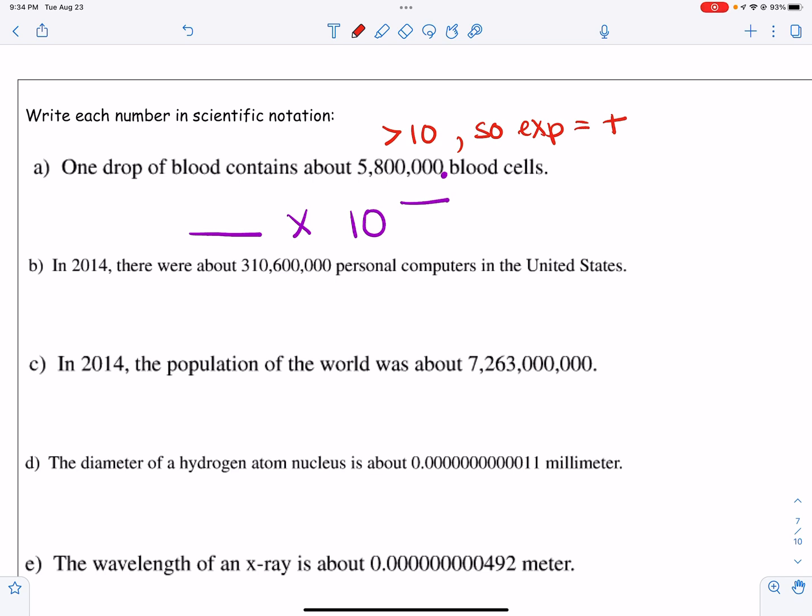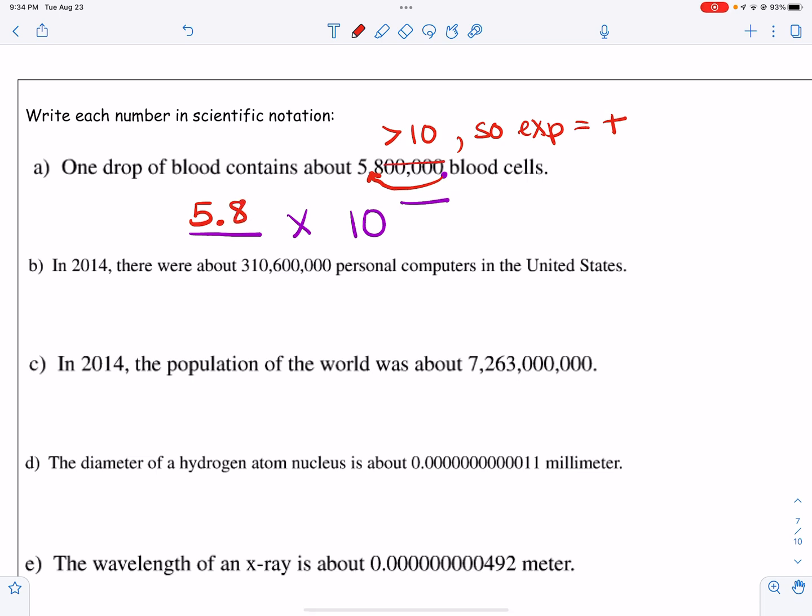Now, I need to move that decimal point so that I have one number in front of the decimal point, okay? So I'm going to move that decimal point between the 5 and the 8. So that makes my A 5.8.